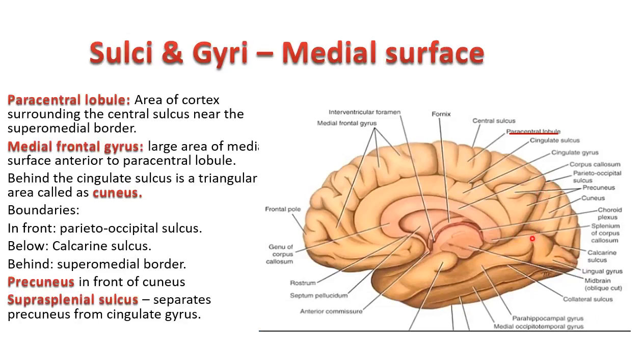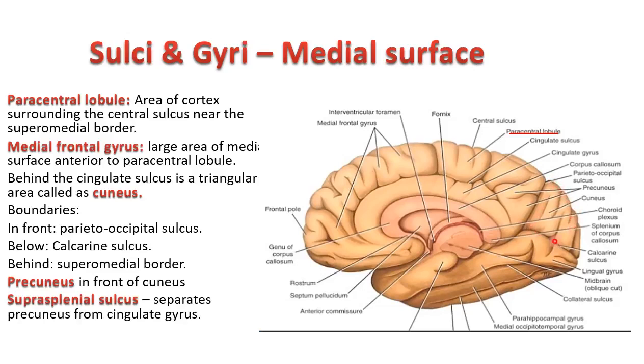The calcarine sulcus is an example of an axial sulcus, and the anterior part of the calcarine sulcus we have also seen as a deep, permanent sulcus. So that is the parieto-occipital and calcarine sulcus, and that is the superolateral, supromedial border.